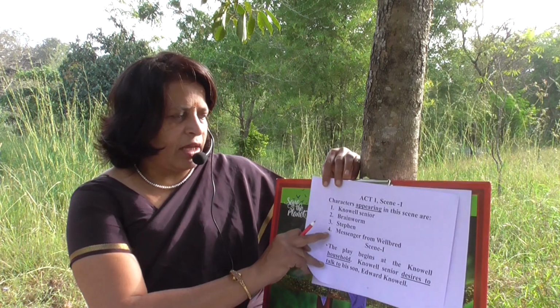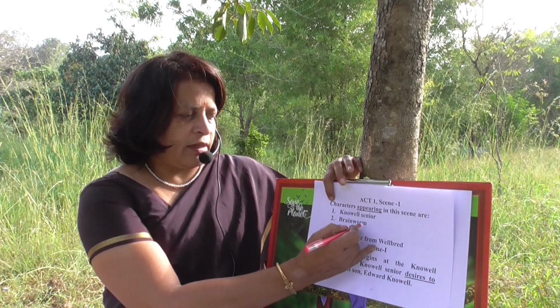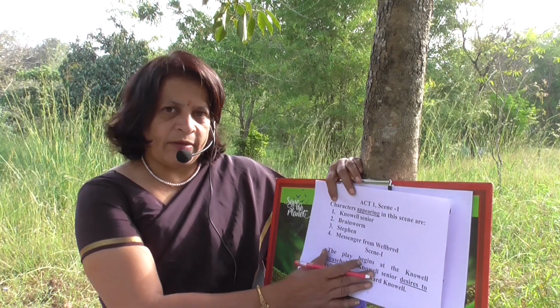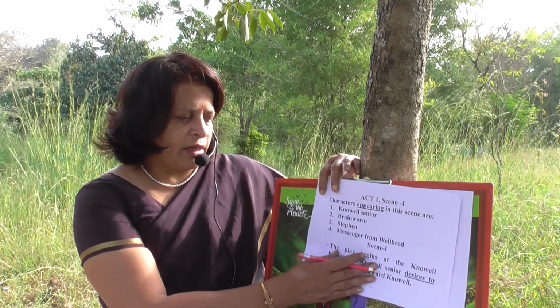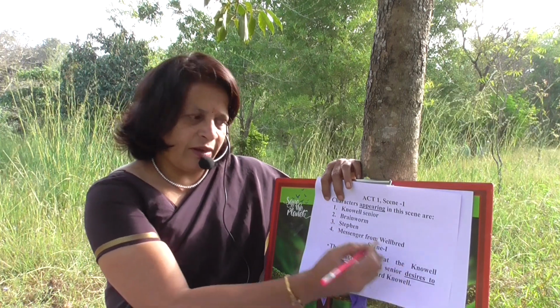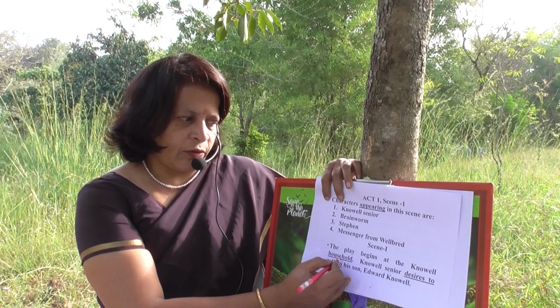In Act 1, Scene 1, we are introduced to these characters: Knowell Senior, Brainworm, Stephen, and a messenger from Wellbred. It begins in the courtyard of Knowell Senior in his household.